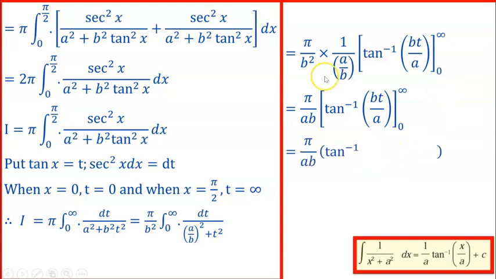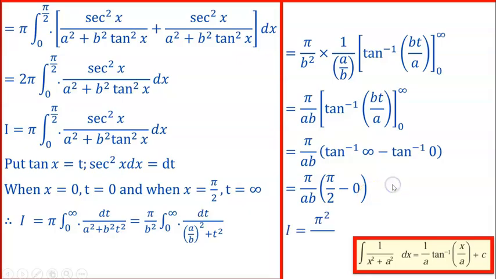Now substitute here: b gets cancelled, pi upon ab times tan inverse of infinity minus tan inverse of 0. But tan inverse of infinity is pi by 2, and tan inverse of 0 is 0. And hence you will get the answer: pi times pi upon ab times 2, that is, I is equal to pi square upon 2ab.